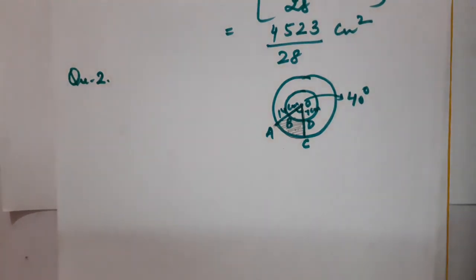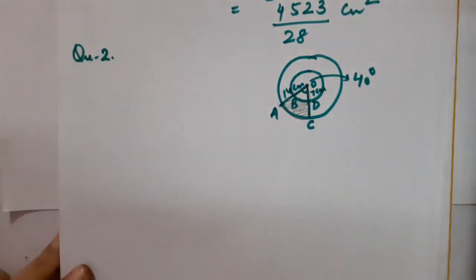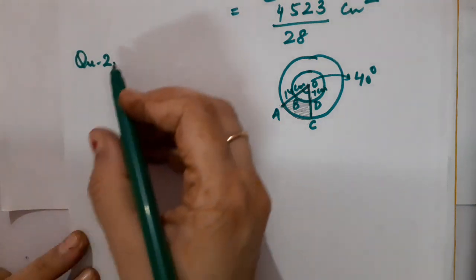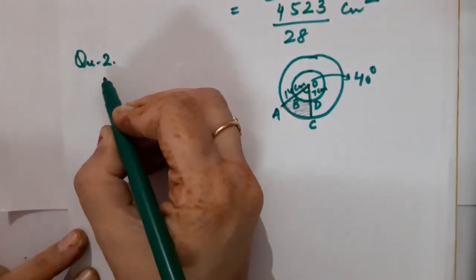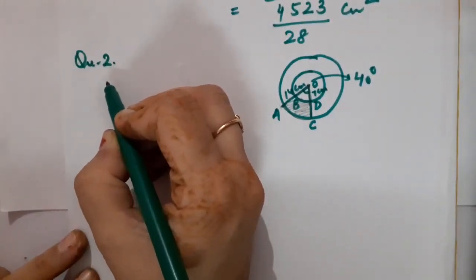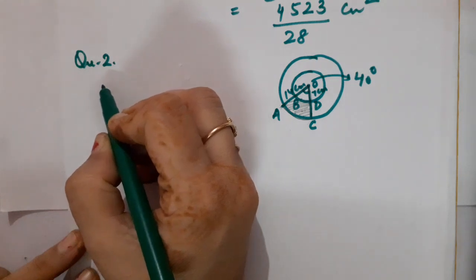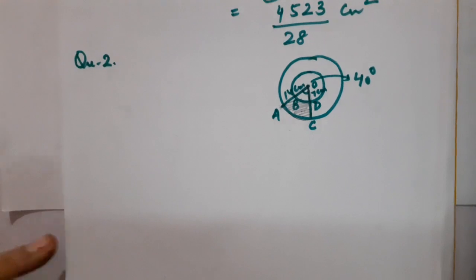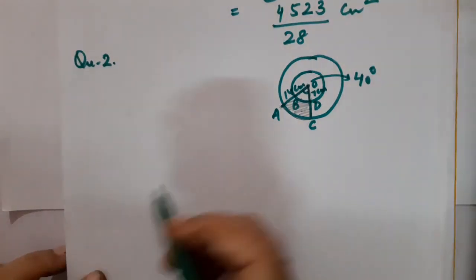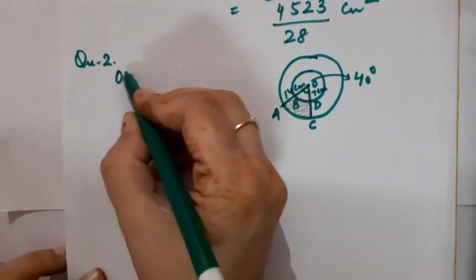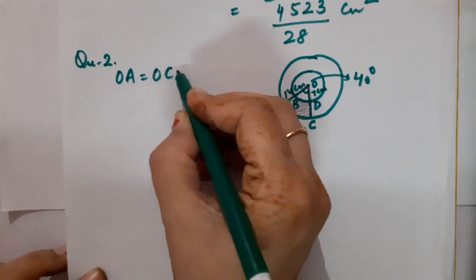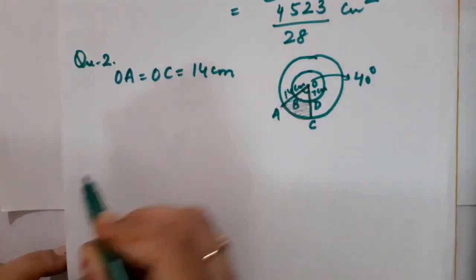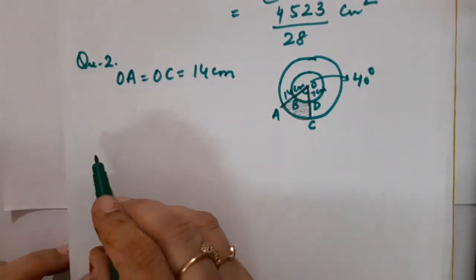Clear, children? So first of all, write down what is given to us. The radius of the bigger circle is given as 14 centimeter, and for the smaller circle it is given as 7 centimeter. So children, you know that OA is equal to OC is equal to 14 centimeter. This is nothing but the radius of the bigger circle.